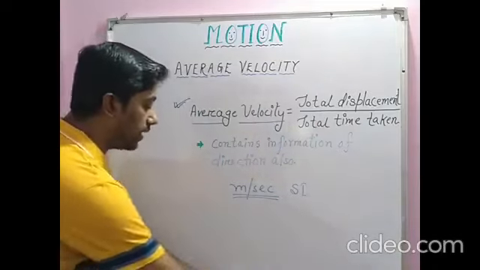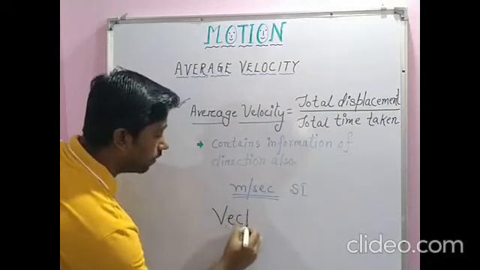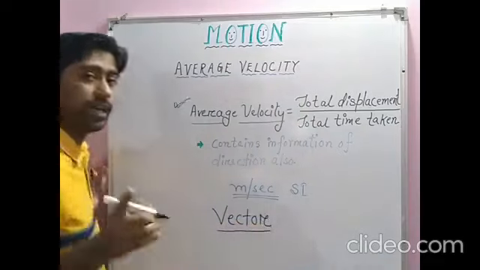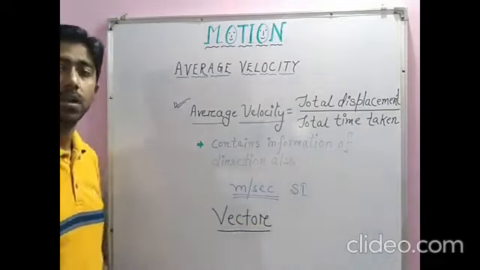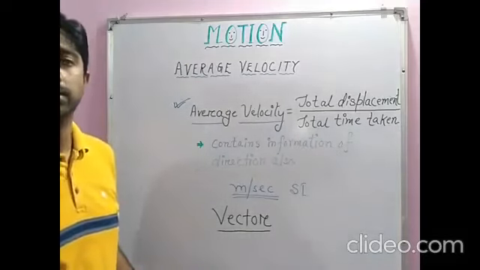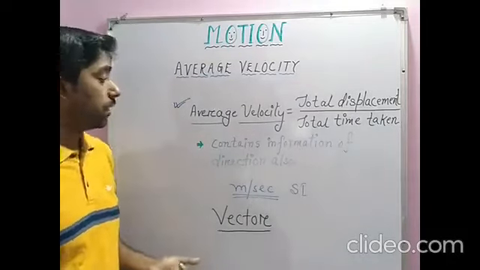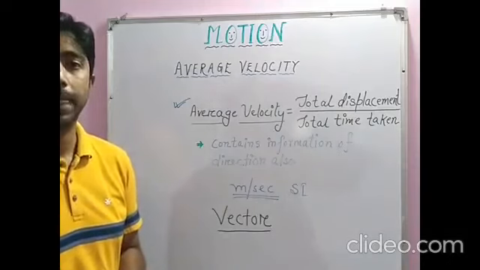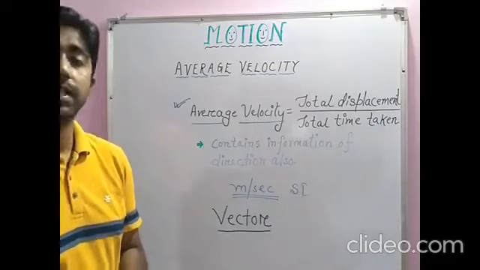It contains magnitude and direction, plus follows some special laws. While average speed is a scalar quantity. So all of you can take this as a note that gives us the difference between average speed and average velocity. Average speed is a scalar quantity, average velocity is a vector quantity.